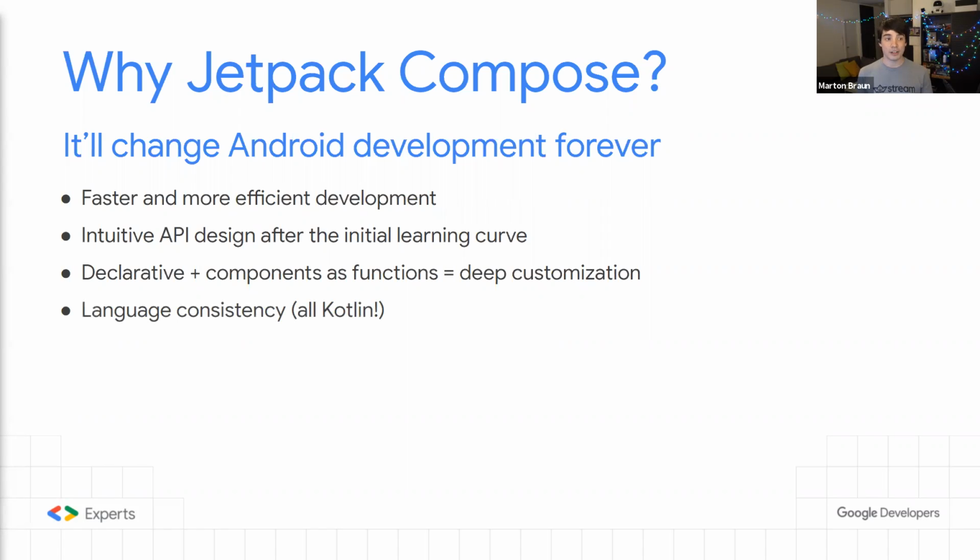And finally, something awesome about Compose is that it's all Kotlin. We just love Kotlin in general, of course, but it's also nice from a technical and theoretical perspective. We used to have the problem of writing layouts in XML and then having Java or Kotlin code that's the actual executable code in the application. And we were always trying to bridge this gap. We were inflating the layouts. We were somehow looking up the views that are in it.